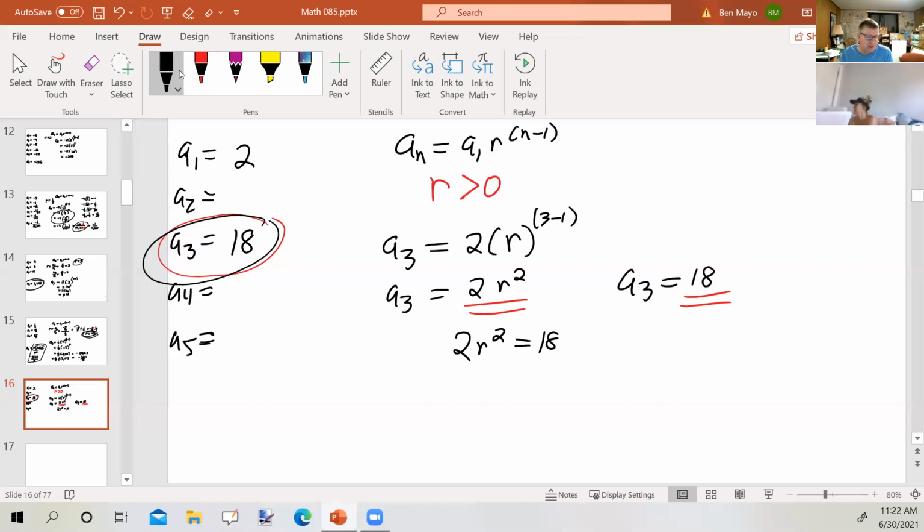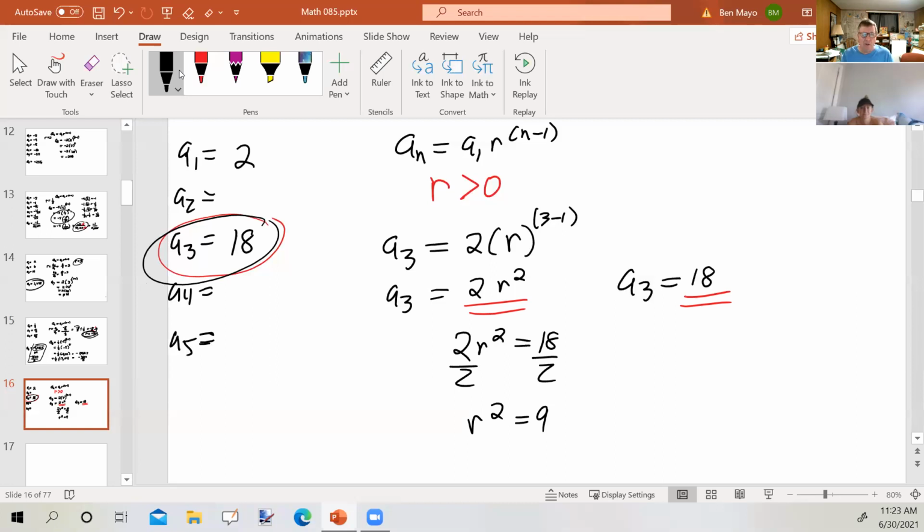Now, yesterday at this point, we'd be solving for d. Here we're solving for r. So the next step is to divide both sides by 2. So we get r squared equals 9. Eventually, we're going to get to chapter 9, I think, and we will deal with roots and square roots and cube roots extensively.